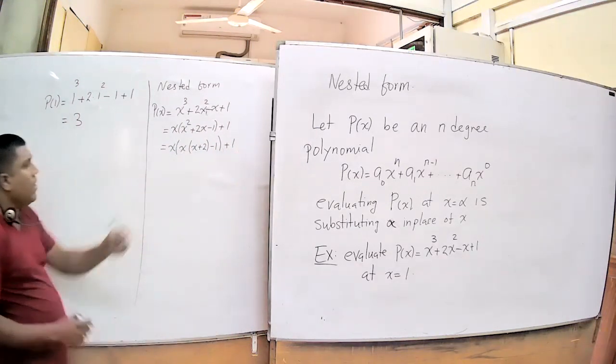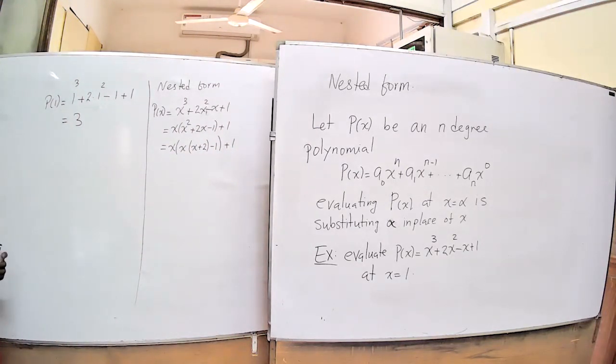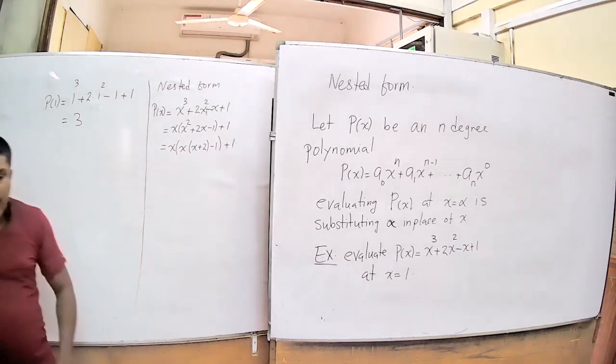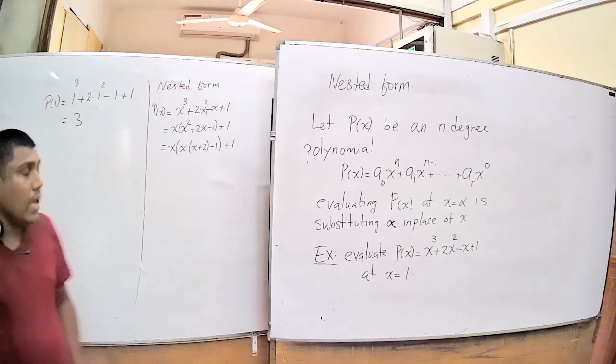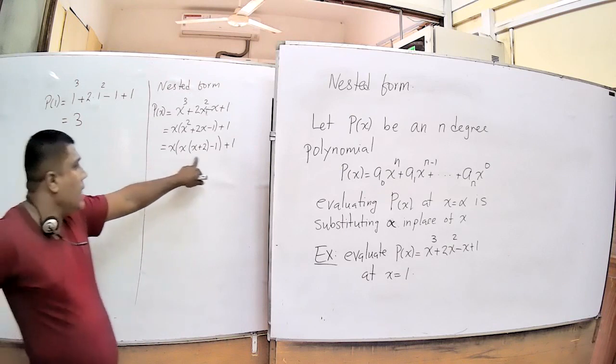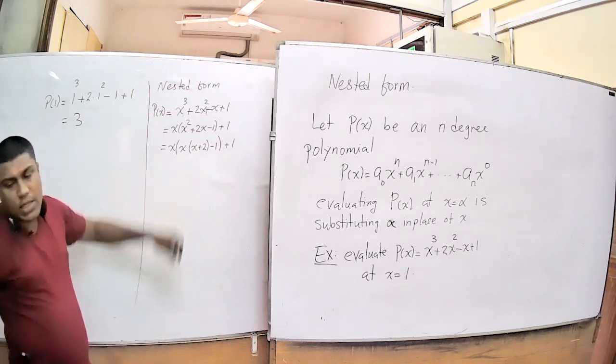You have to be careful with the brackets when you are doing the factoring. So now you can see that I have factored in a way such that I eliminate powers: x to the power 3 I eliminated, x to the power 2 I eliminated. When I write this in this way, it is called the nested form.